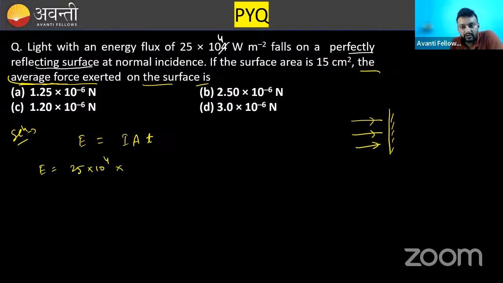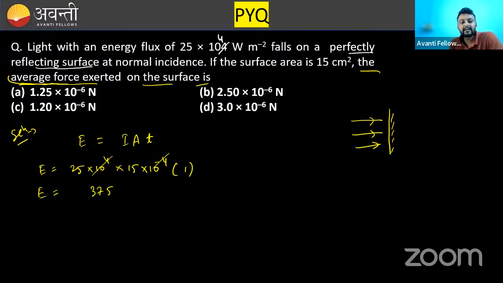Area is given as 15 centimeter square, that is 15 into 10 raised to the power minus 4. And time I am taking as 1 second. So minus 4 and plus 4 will be cancelled. So energy reaching the surface is 25 into 15, that is 375. I think clear?